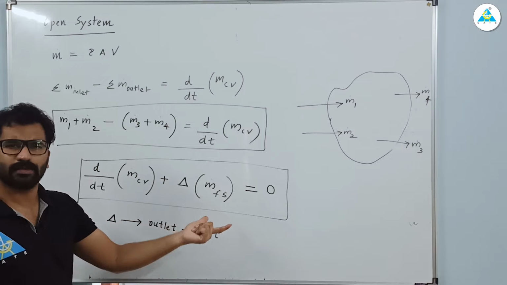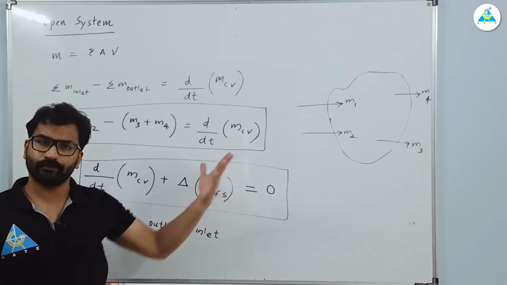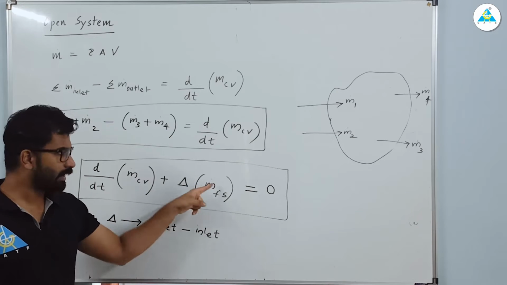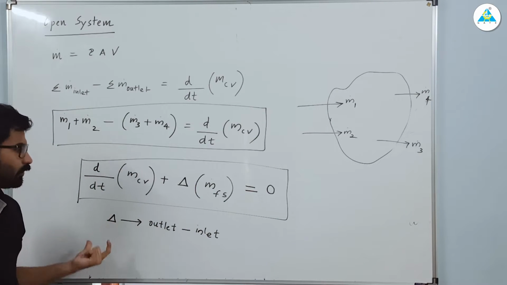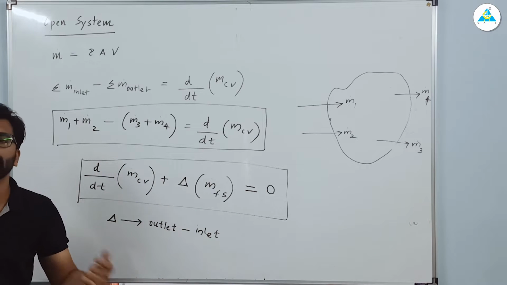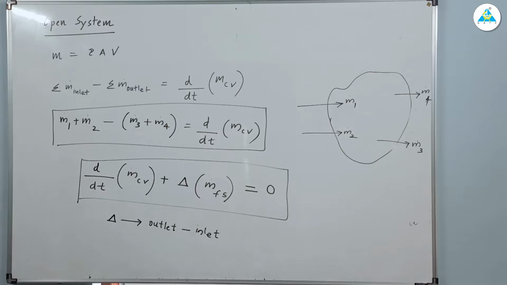So outlet minus inlet, that's all. d by dt I have kept this side, and I took these two over there. That is the only change. Fs means flow stream, mass flow rate of flow stream. So this expression also they can give you, and based on this they can ask questions. I hope this part is also clear.